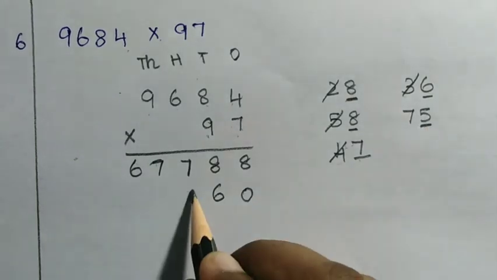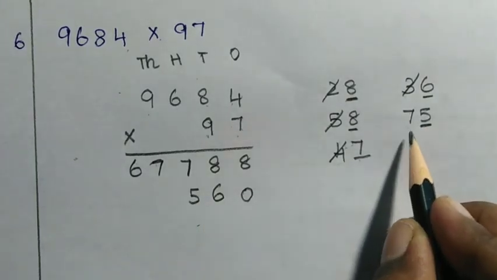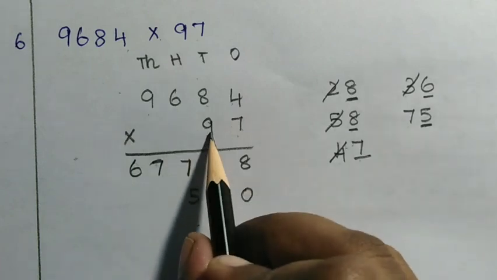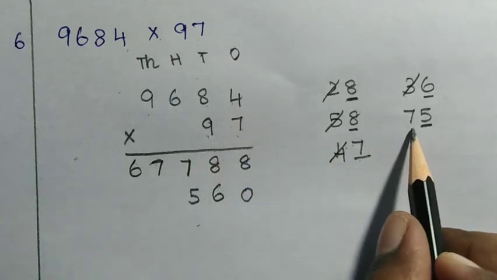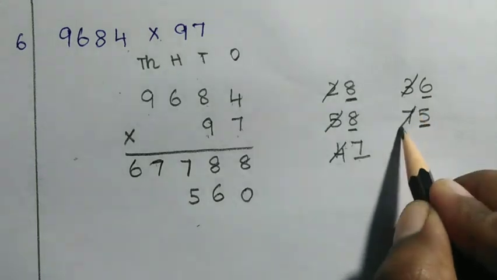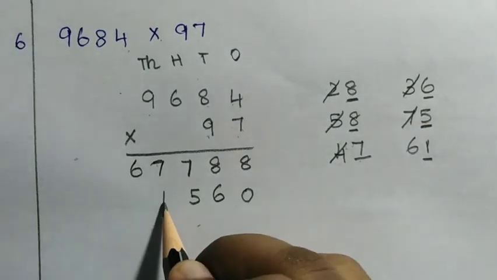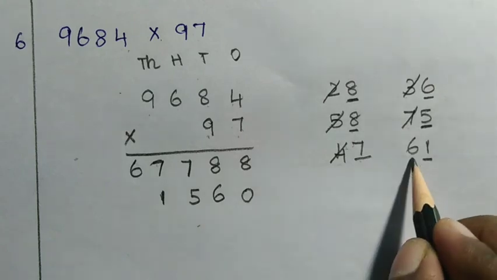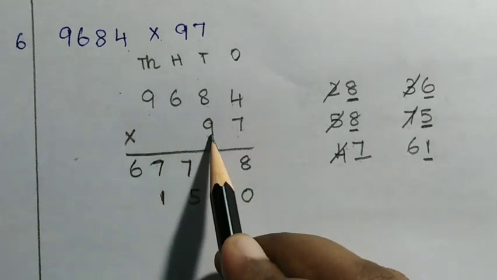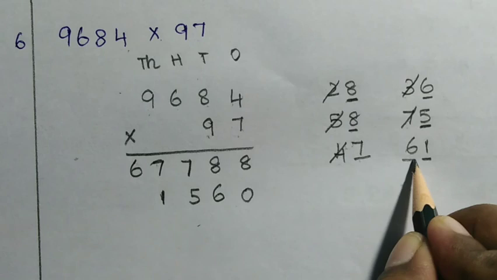Let us write 5 over here and 7 is the carryover. 6 9s are 54. 54 plus 7, 61. Let us write 1 over here and 6 is the carryover. 9 9s are 81 plus 6, 87.